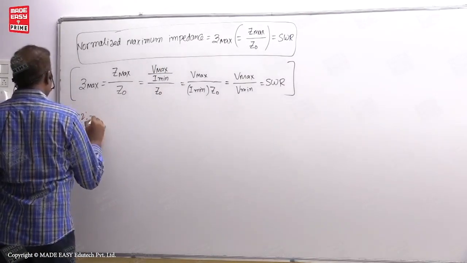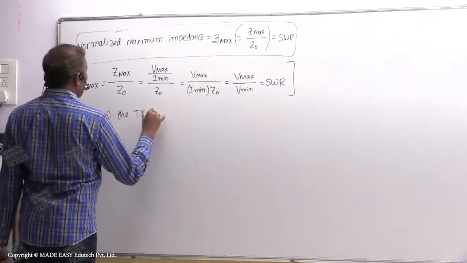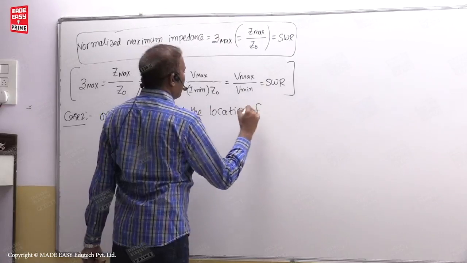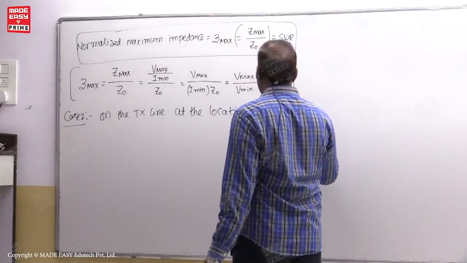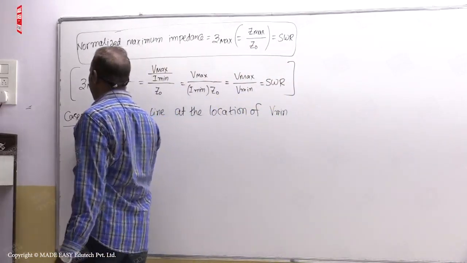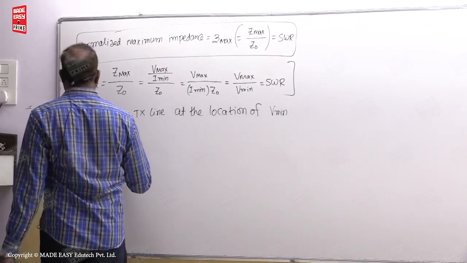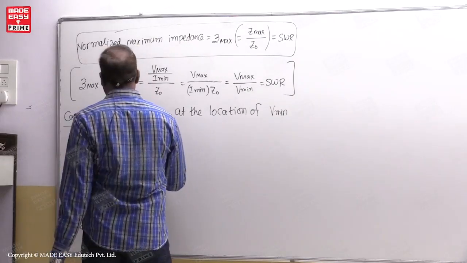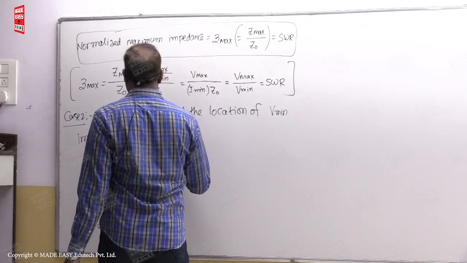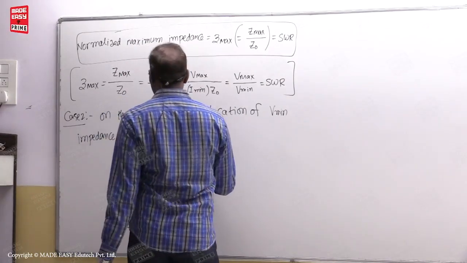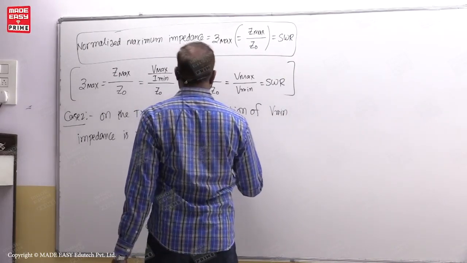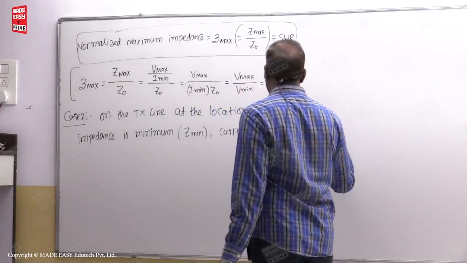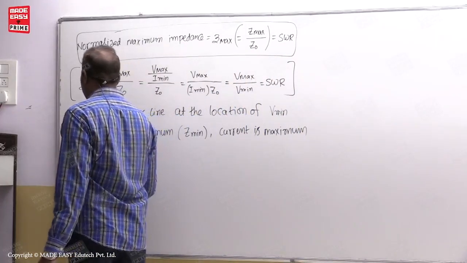Similarly, case 2: on the transmission line at the location of voltage minimum, impedance is minimum, that is capital Z minimum, current is maximum, I maximum.